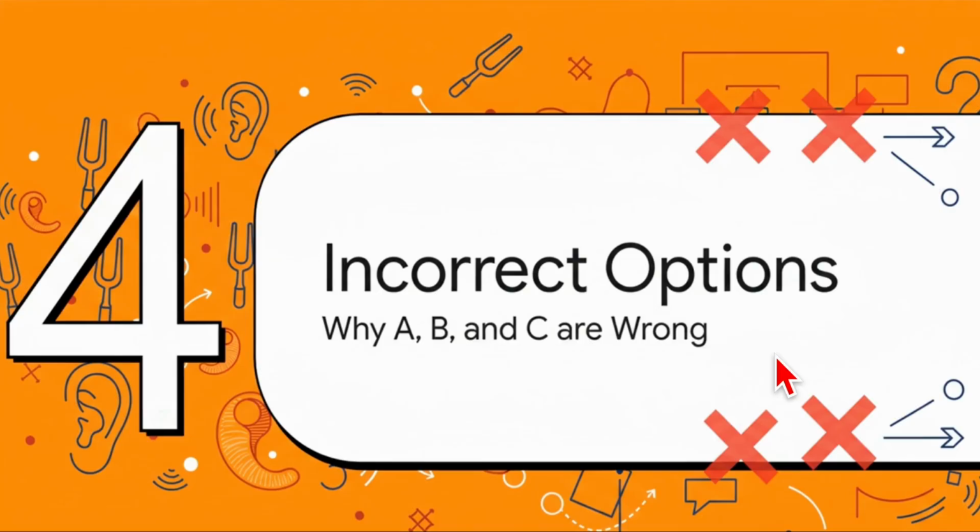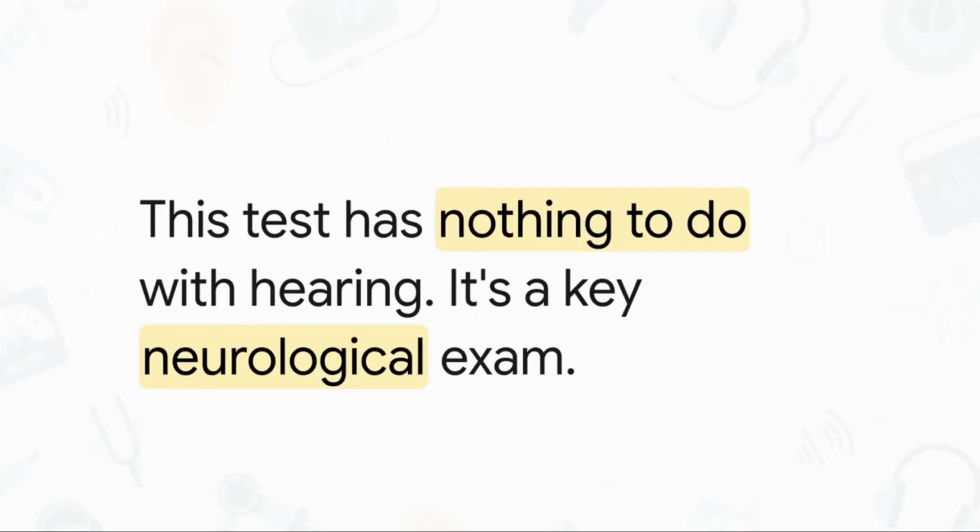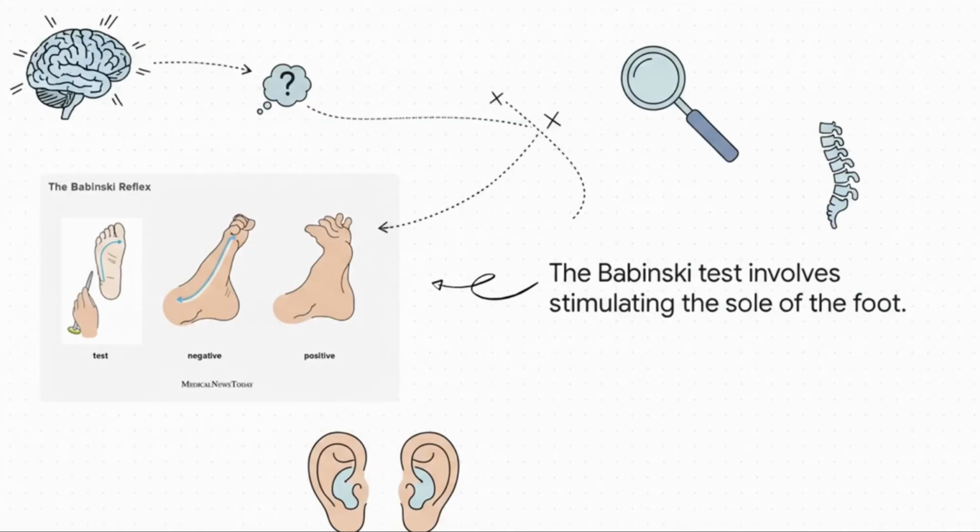Now let's come to the incorrect options, why A, B and C are wrong. Let's understand why they are not the tests for hearing. This test has nothing to do with your hearing, and it's a kind of neurological examination. Let's come to the first test, which is Babinski's test, which involves stimulating the sole of your foot. You just use something and stimulate this area.